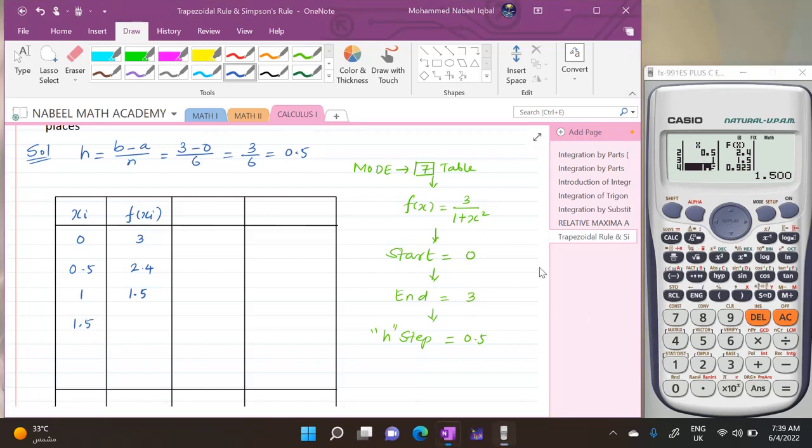It is 0.923. Then 2, what is 2 here? 0.6. 2.5 and 3. Then we will have 0.4137. Yes. And the last one is 0.3.